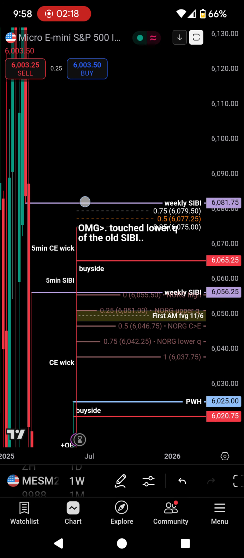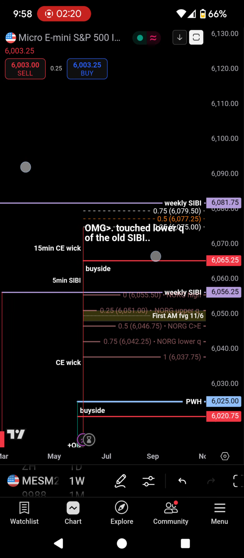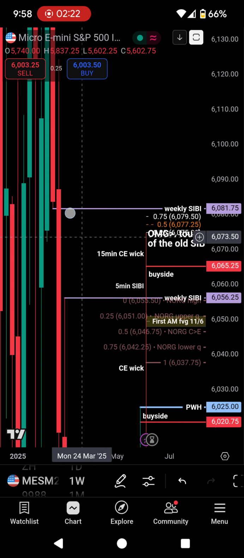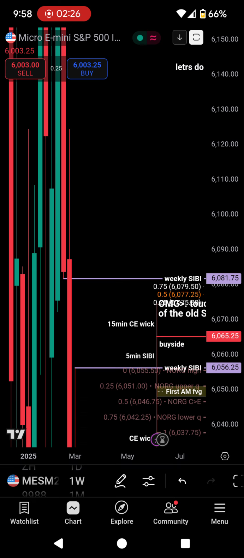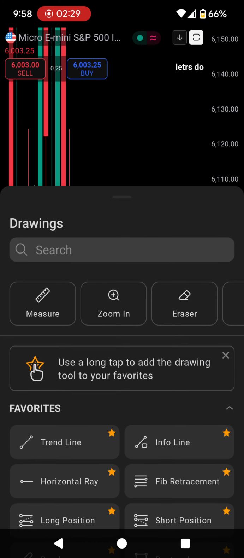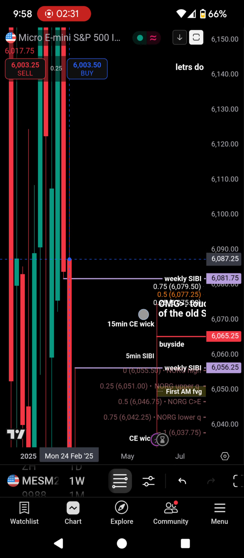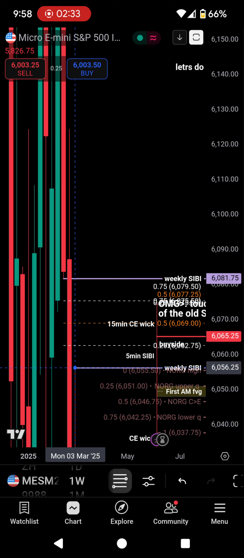So we can see the weekly CB portion here is close to the upper portion. See, it's also right at the upper portion.